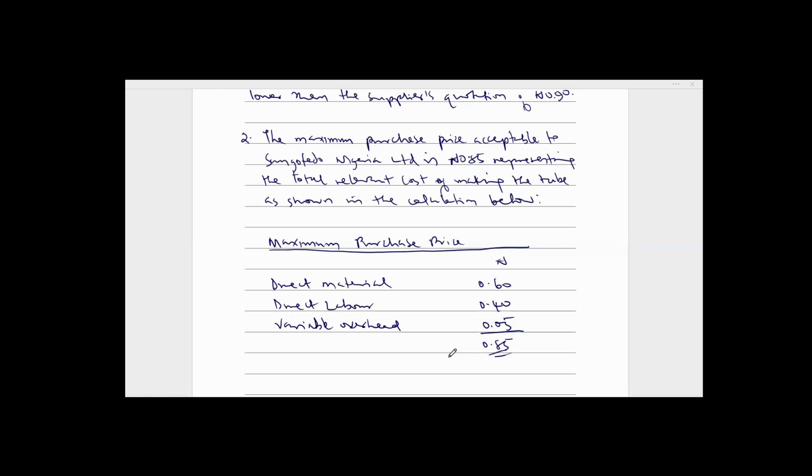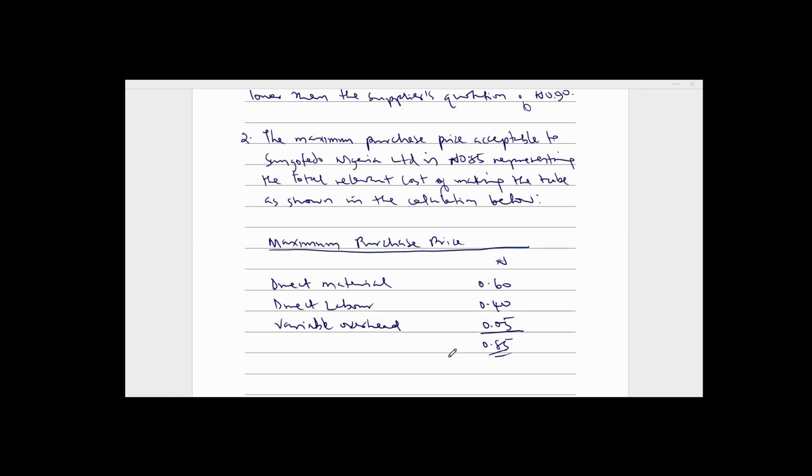So what the examiner is saying here is that currently the activity level is 100,000 boxes, but we're now told that the revised estimate shows an activity level of 125,000 boxes, and that at any point above 100,000 boxes, we need to pay annual rental costs for additional equipment of 10,000 naira.